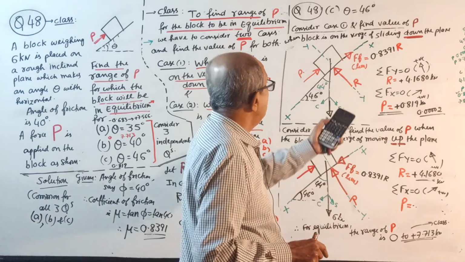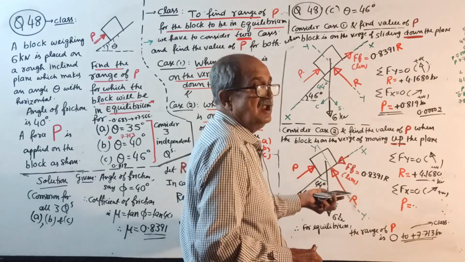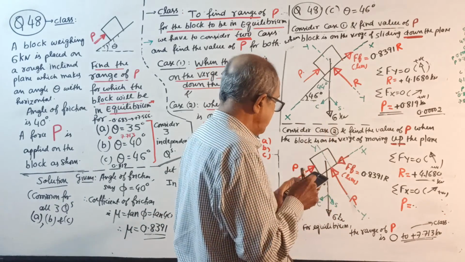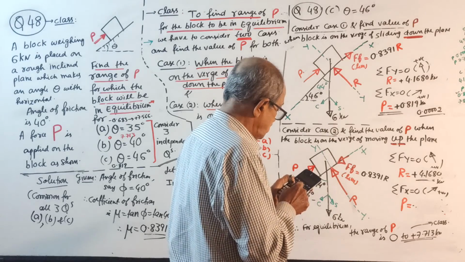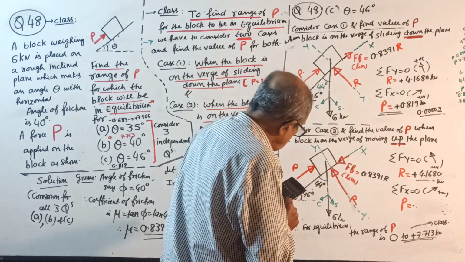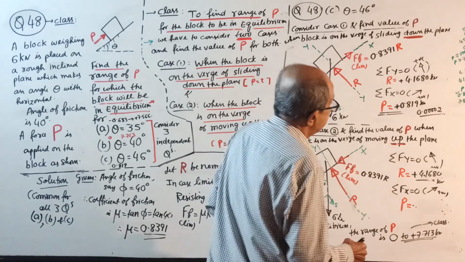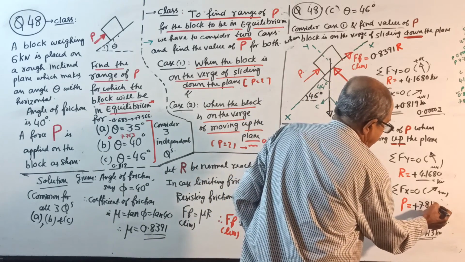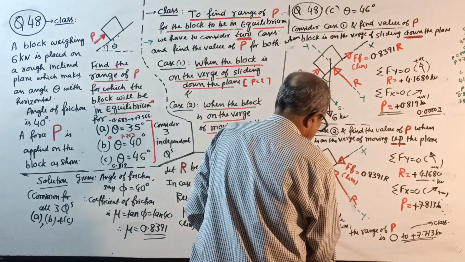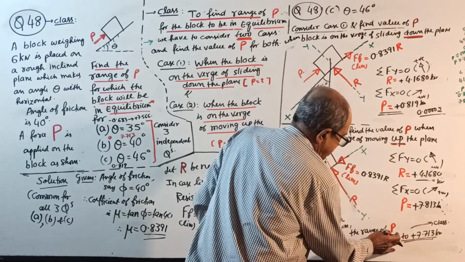Now you have to see, in the earlier case your friction was helping you. Here you have to overcome the friction and also gravity. You never do this one. Plus 6 into cos 44 gives 7.813. This P will come plus 7.813 kilonewton.